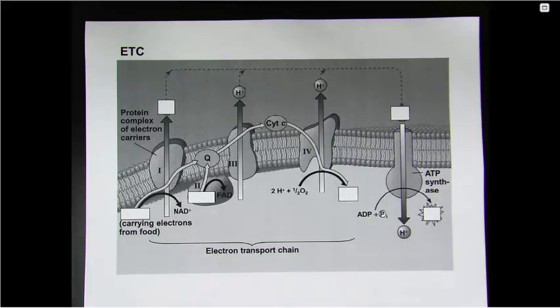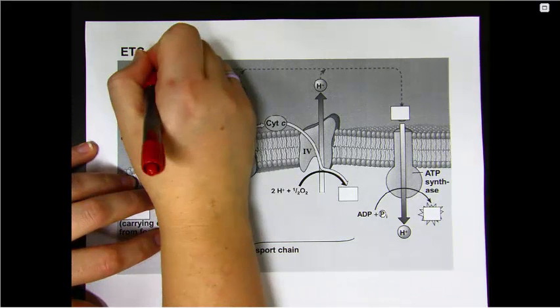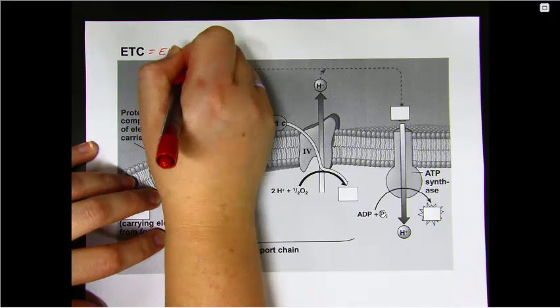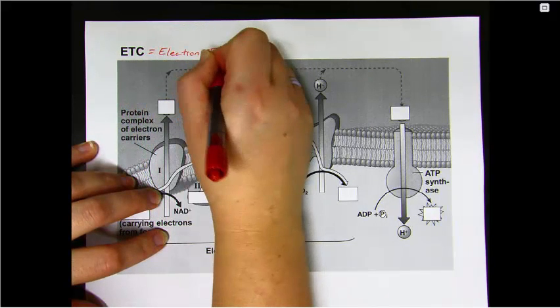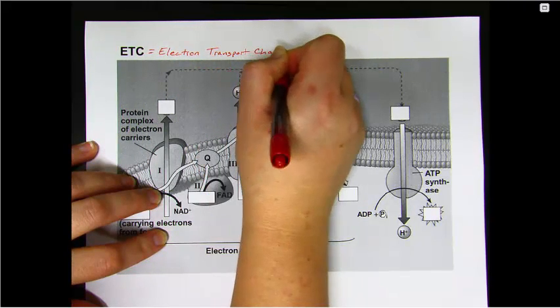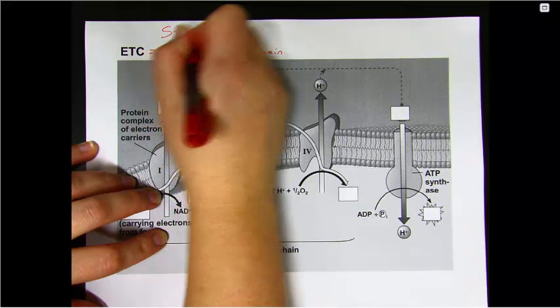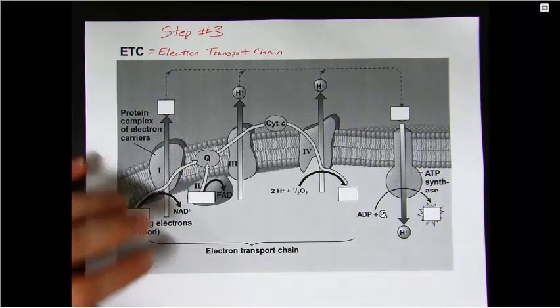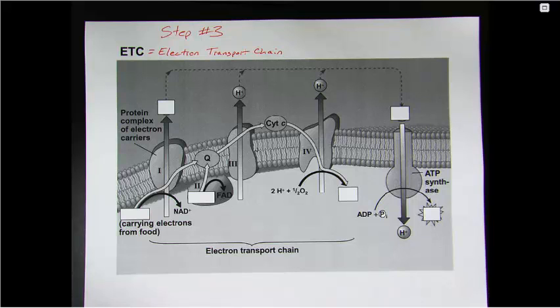The third step in aerobic cellular respiration is the ETC, which is the Electron Transport Chain. So this is step number 3. So the electron transport chain is taking some of the products from the earlier steps and using them to build a concentration gradient that is then used to produce ATP.